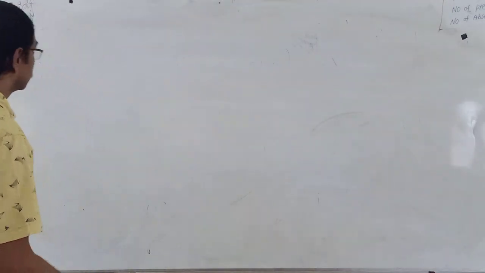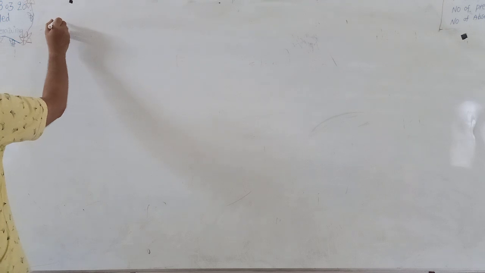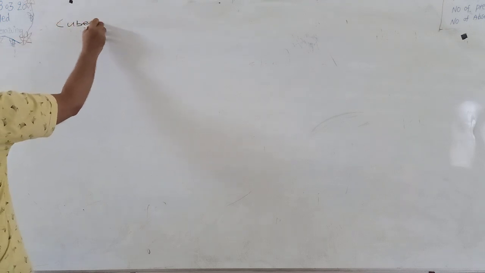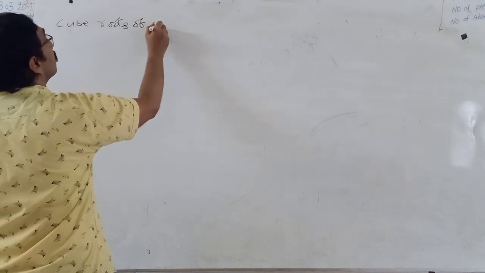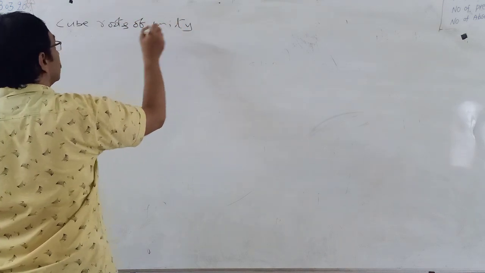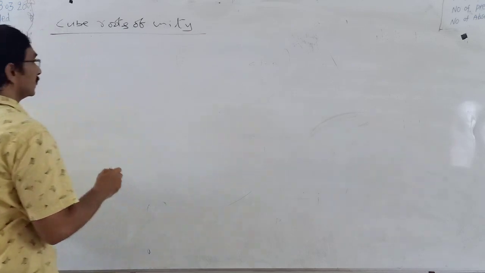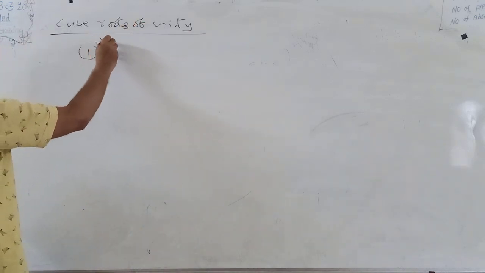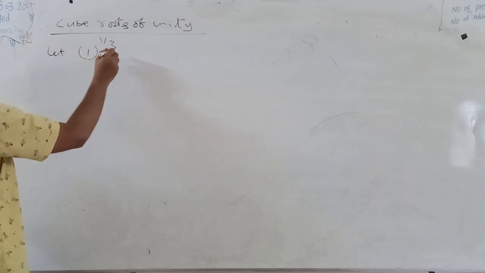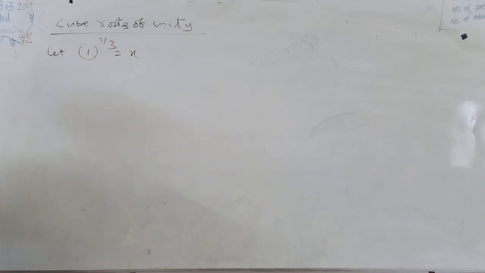Next concept, important concept, cube roots of unity. All of you know about this. See, unity means 1. Cube root of unity means 1 power 1 by 3. Let 1 power 1 by 3 equal to x.